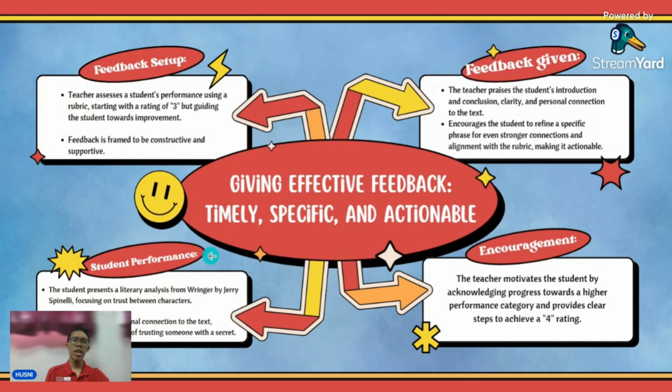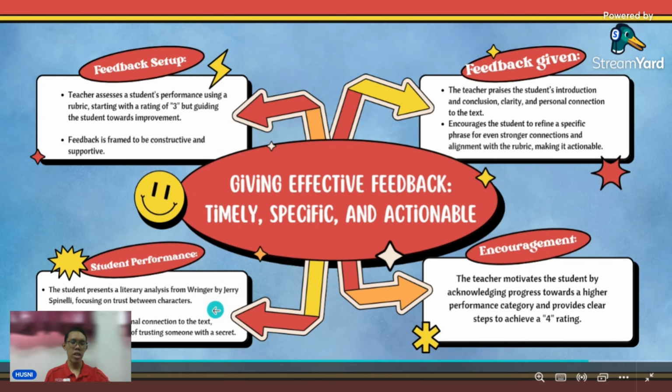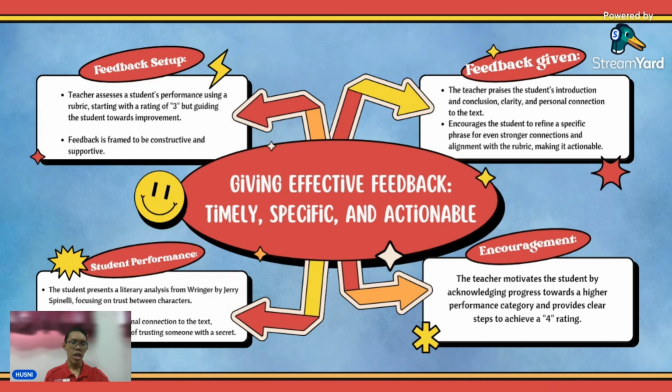And then the teacher also commented about the student's performance. The student presents a literary analysis from Ringer by Jerry Spinelli, focusing on trust between characters, right? He mentioned about building trust between characters. And then the student makes a personal connection to the text, discussing the importance of trusting someone with a secret.